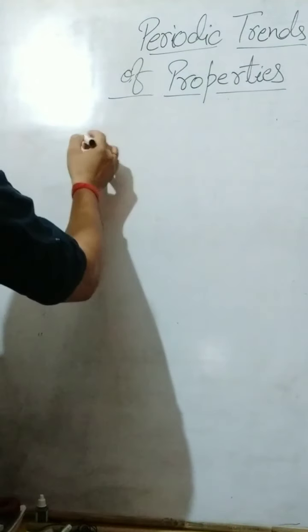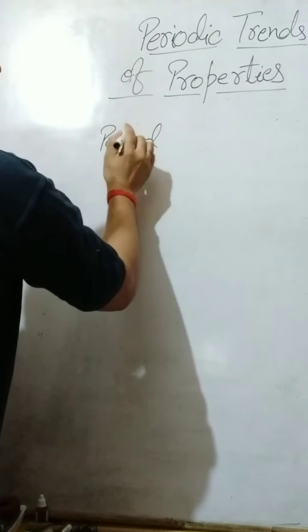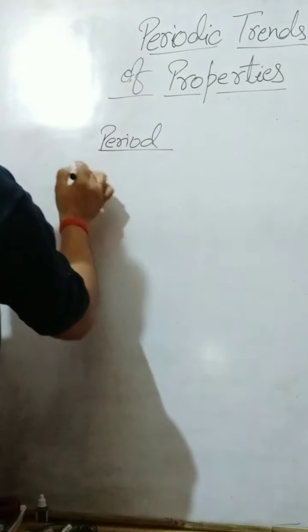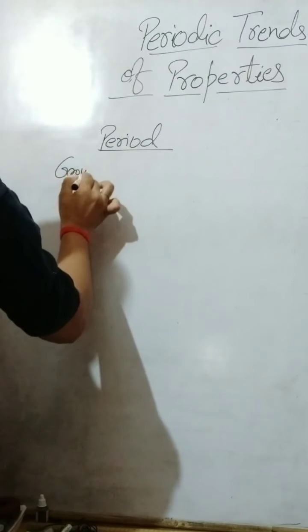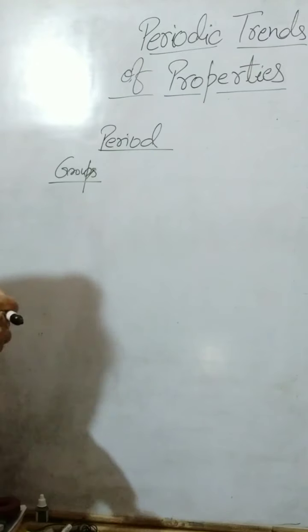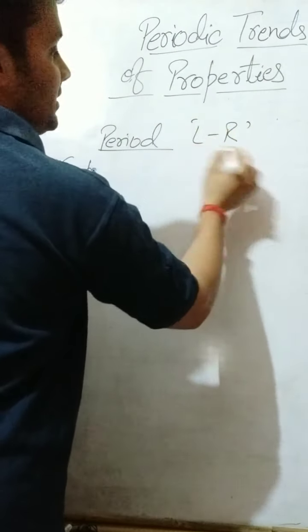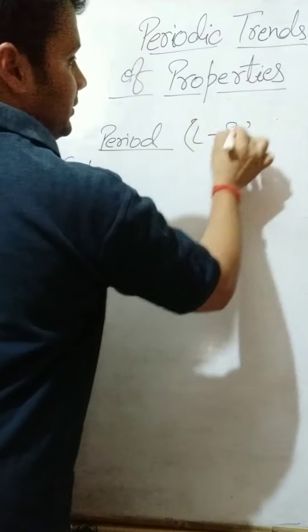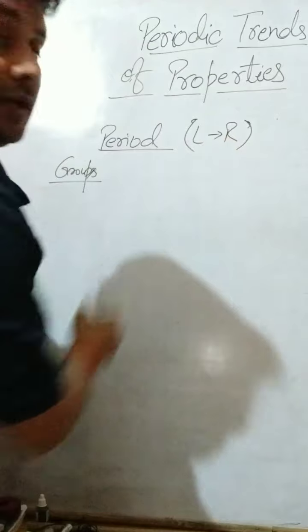Whenever we are talking about periodic trends, we will always talk about periods and groups. When we talk about periods, we consider them from left to right.